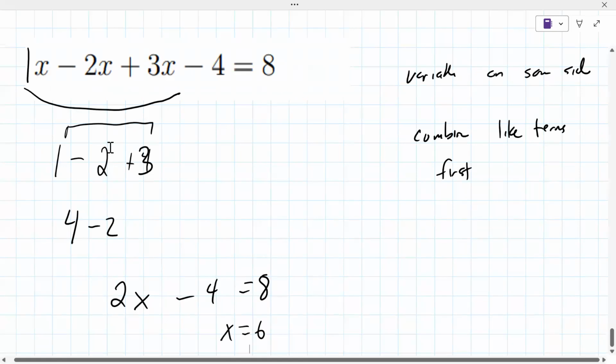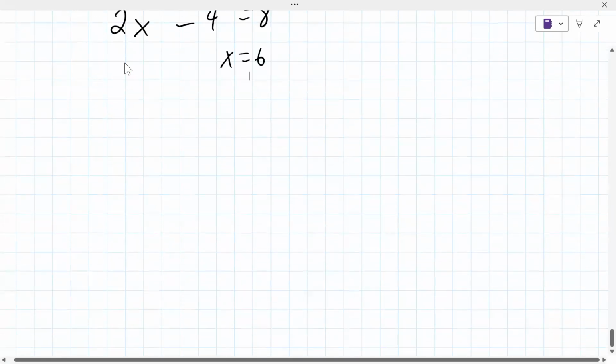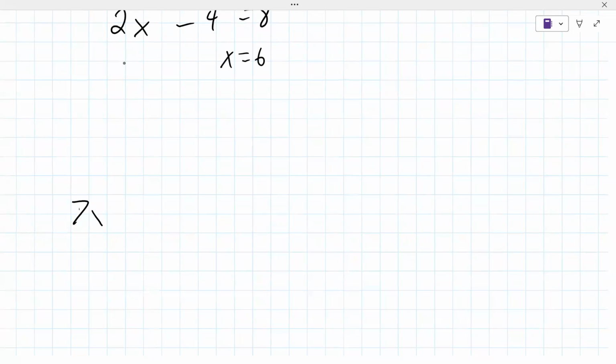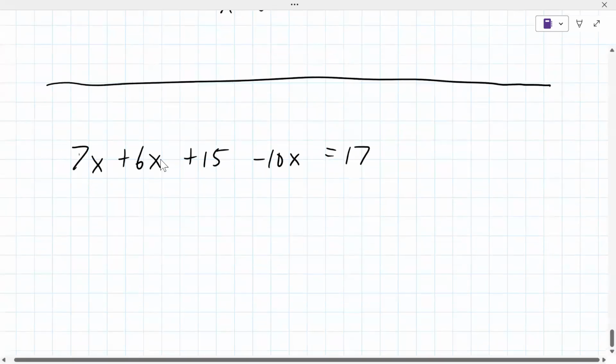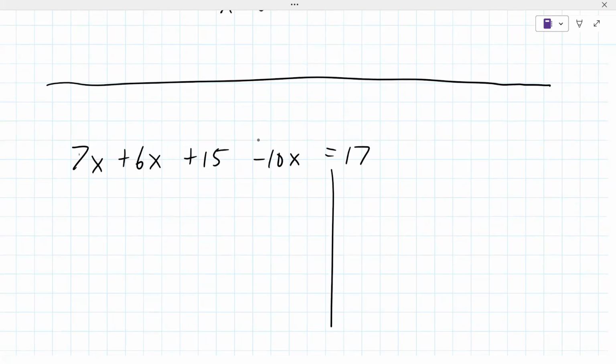Okay, so let's have you try one here on your own. Let's go 7x plus 6x plus 15 minus 10x equals 17. So first combine like terms, the x's. Anything that's on one side of the equal sign, you can combine.